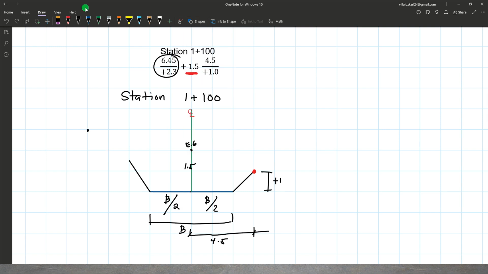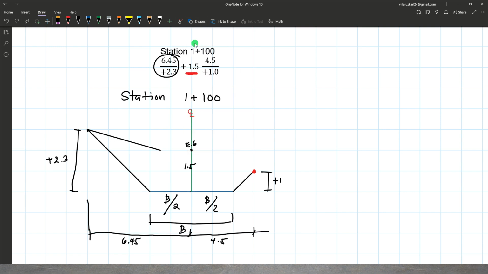Then let's draw a line to that point, and we put the dimensions of 2.3 and a total horizontal distance, or offset from the center line, of 6.45. Then connect here. So that's your cross section.